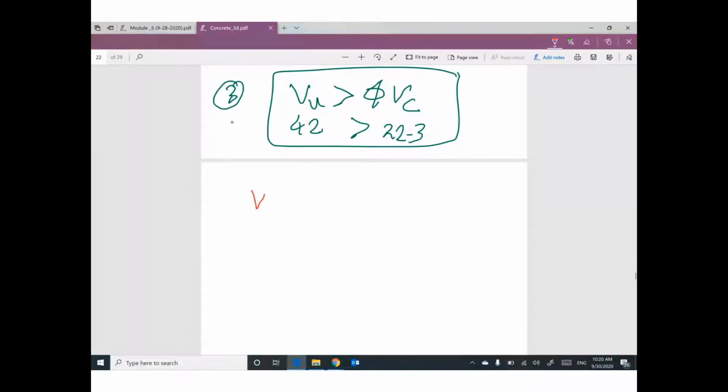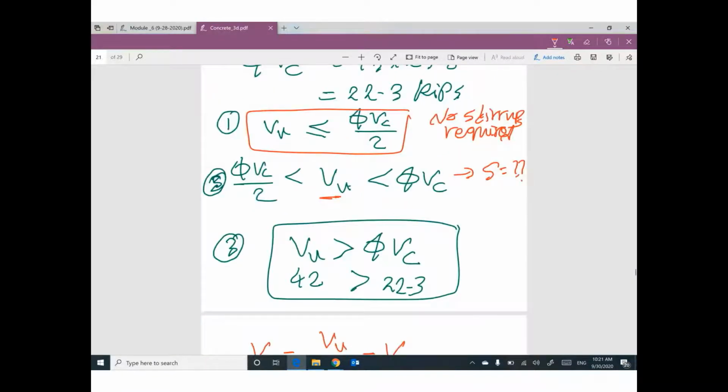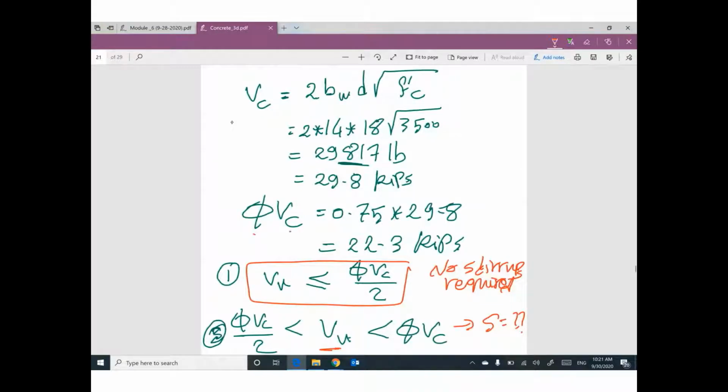Do you remember what is the value of Vs? Vs equals V ultimate divided by phi minus Vc. V ultimate 42 divided by phi 0.75 minus Vc, not phi, Vc 29.8.